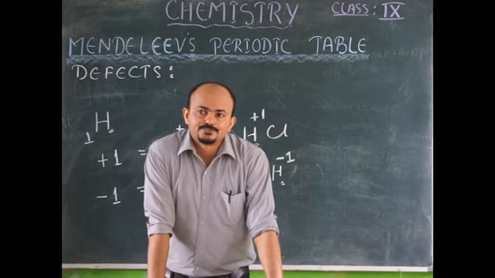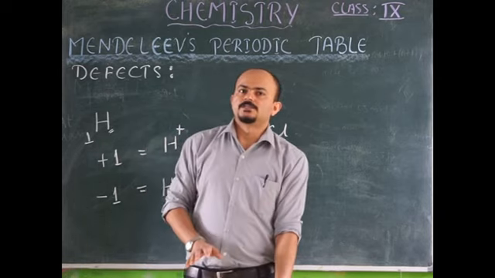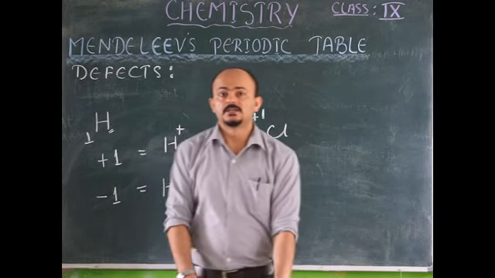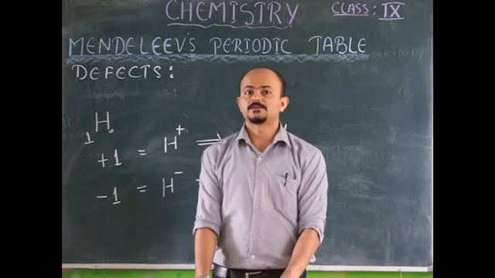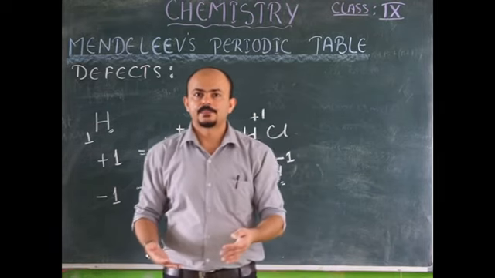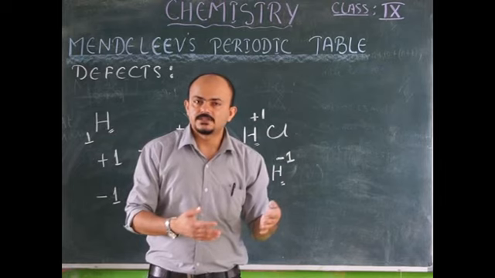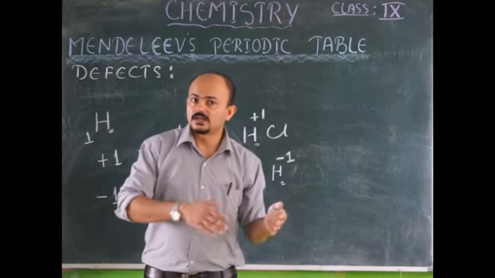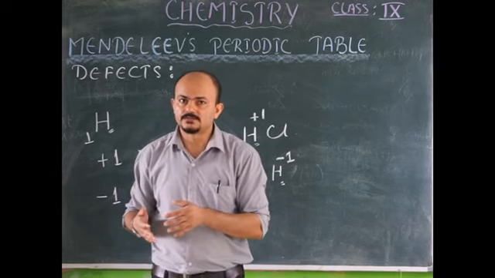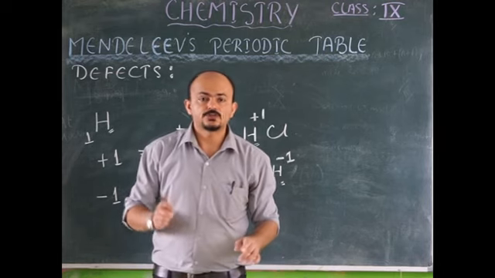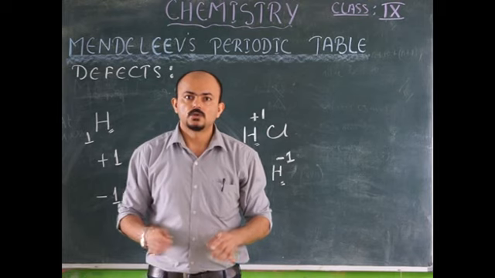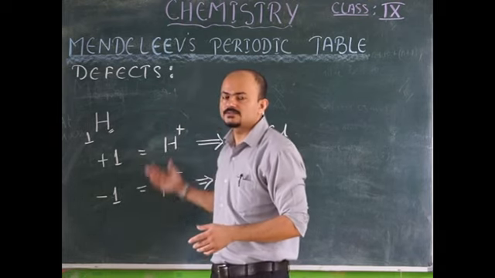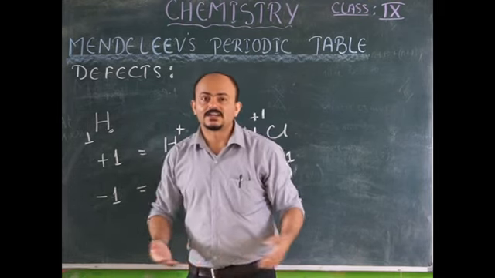Now, after Mendeleev's periodic table, there were other scientists, mainly Moseley, who came up with the idea that if we consider atomic number instead of atomic masses for classifying elements in the periodic table, then most of these defects would be clarified.